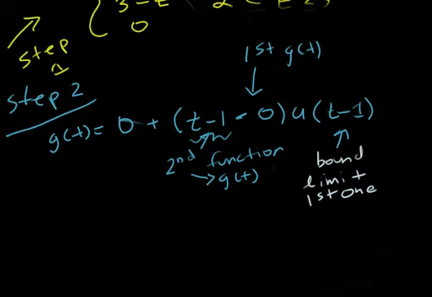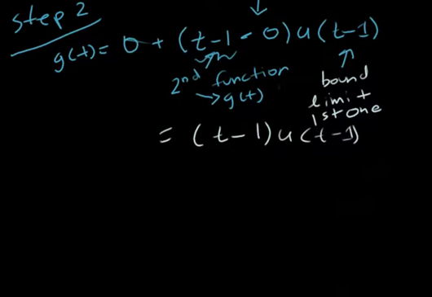Okay, now we got the g of t. So when you find the second one, you just carry it over. So this will simplify to t minus 1 u of t minus 1. So now g of t of the second one.